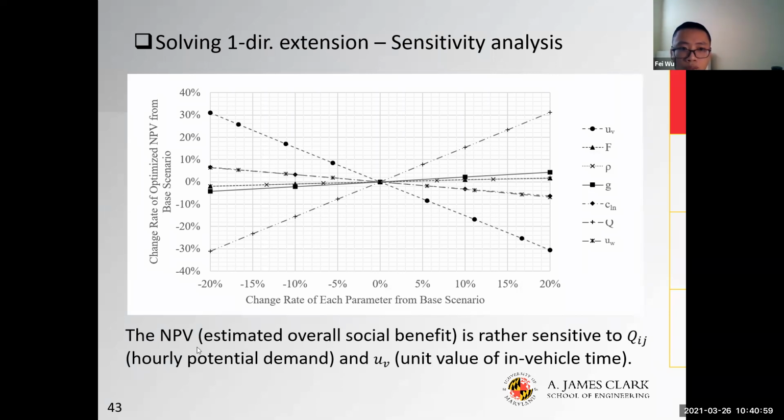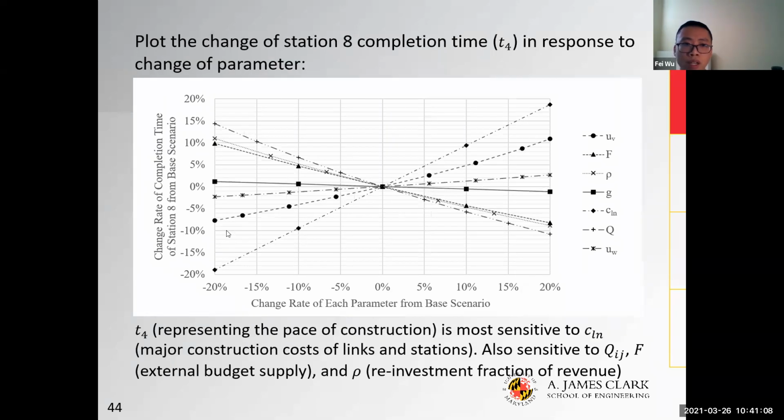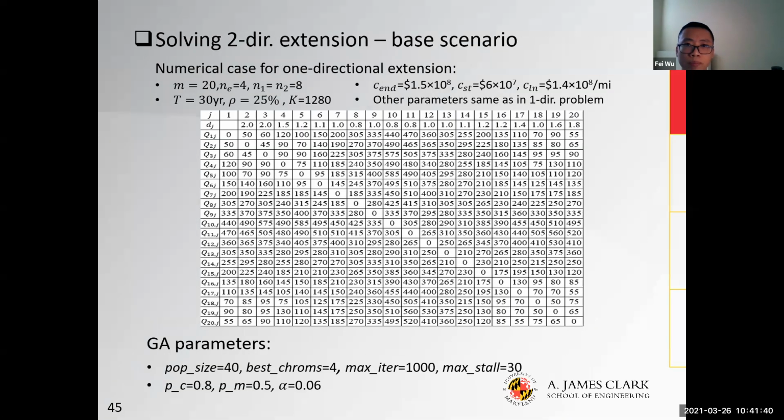We can see that the net present value is rather sensitive to the hourly potential demand as well as the unit value of in-vehicle time, while we also compare the last completion time of station 8 in response to these parameters. We found that the completion time is most sensitive to the construction cost of links and stations, and also to the hourly potential demand, the external budget supply, and the fraction of value for reinvestment for construction.